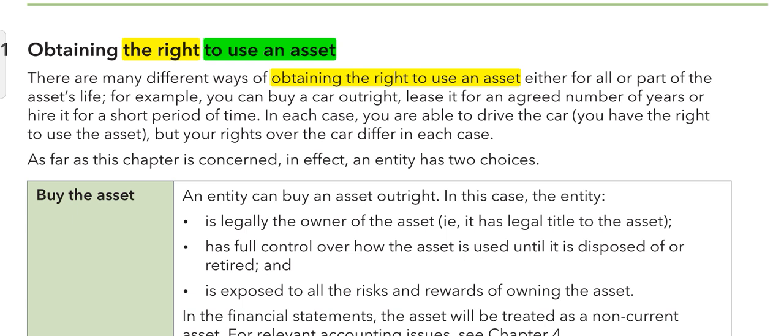In each case, we are able to drive the car, but our rights over the car differ.